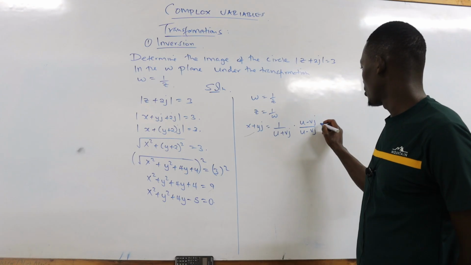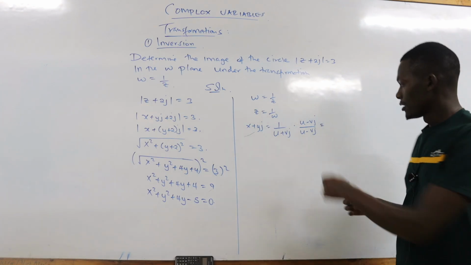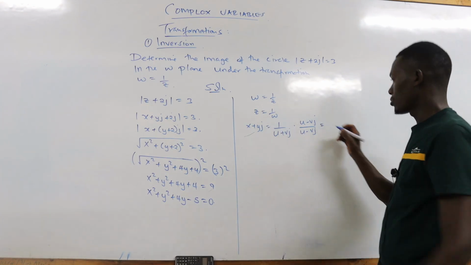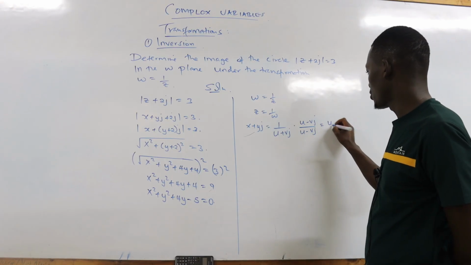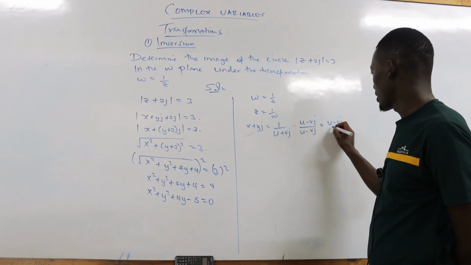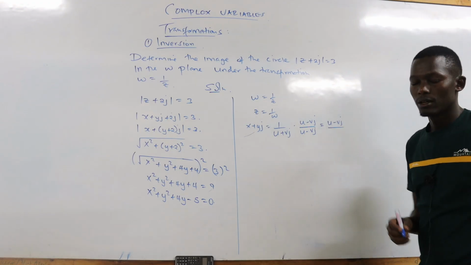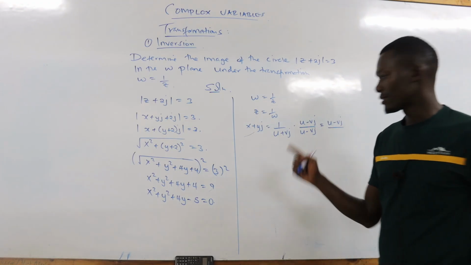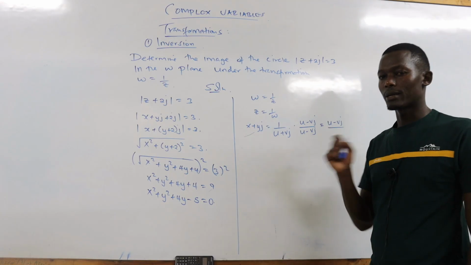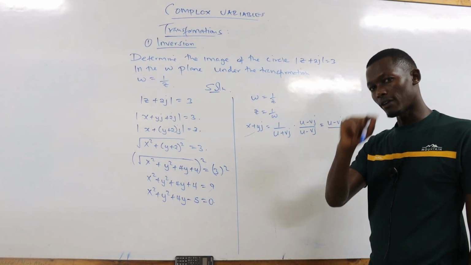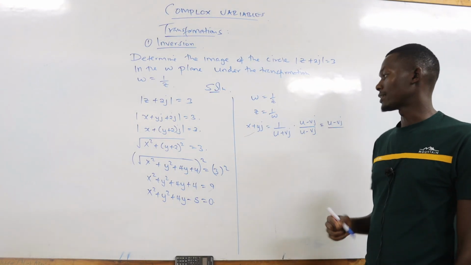Now what will be the outcome of this? You're just multiplying this times 1. So in the numerator you shall have u minus vj. In the denominator, you know what you will have? When you multiply a complex number times its conjugate, it gives you the first term squared plus the second term squared.